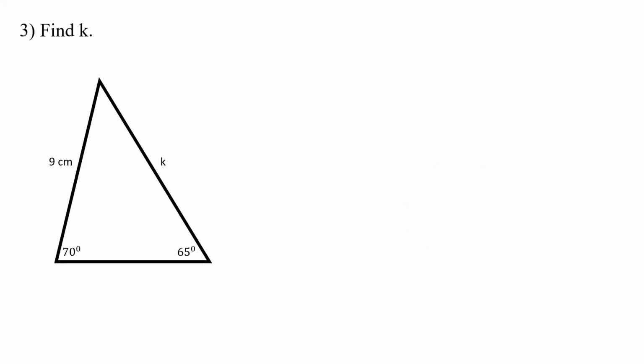Easy does it. And last example here, number 3. We have 70, 65. So this time we don't waste any time. Let's go. So we have sine of 65 degrees with its corresponding side, which will be this 9 over here, 9 cm, is equal to sine of 70 degrees divided by its corresponding side, which is k.